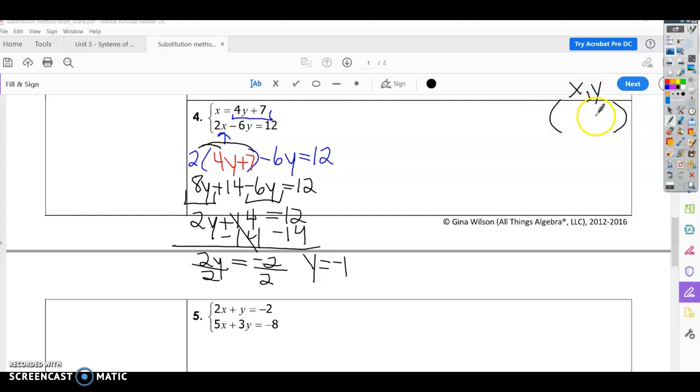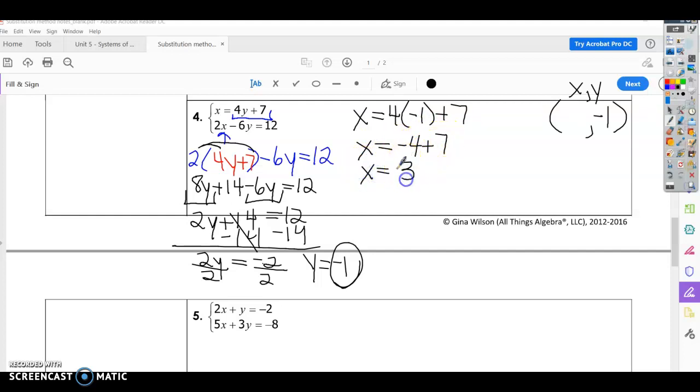So our y is going to be the second number. So now we have to find x. So if we go back to the first equation here, x equals 4 times y plus 7. So I'm going to take y, which is negative 1, substitute that here. X equals negative 4 plus 7. So x is negative 4 plus 7, or positive 3. So x is 3, y is negative 1, and we need to check it.